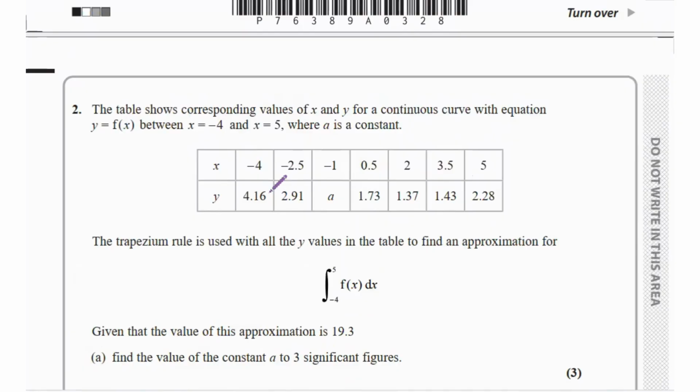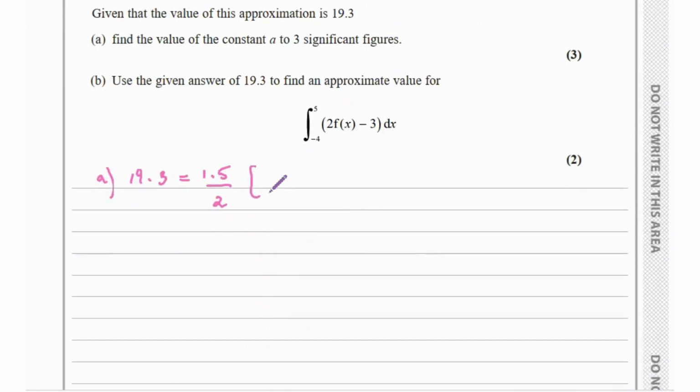So it's going to be 4.16 plus 2.28. 4.16 is the first value, 2.28 is the last value, plus 2 times the middle values. So that's 2.91 plus a, then plus 1.73, then plus 1.37, and then plus 1.43.